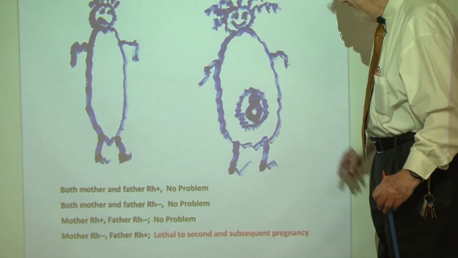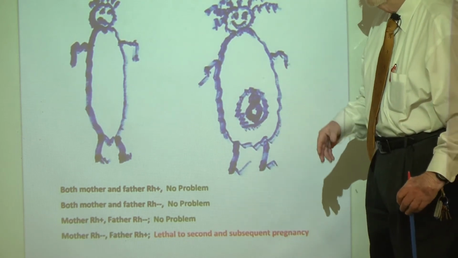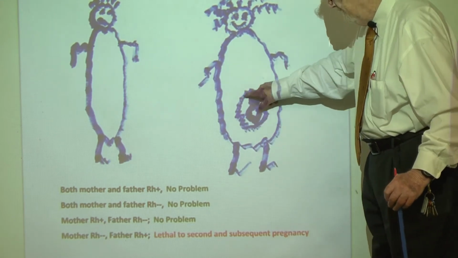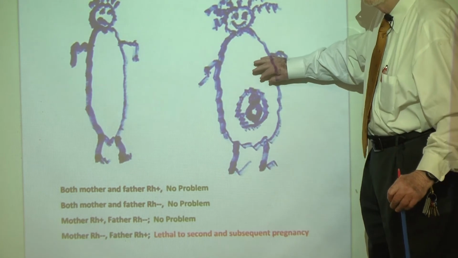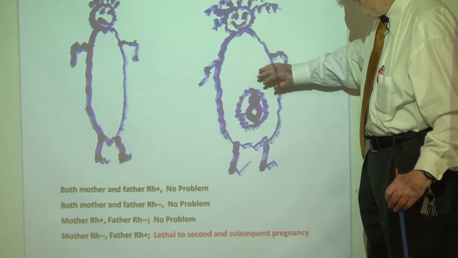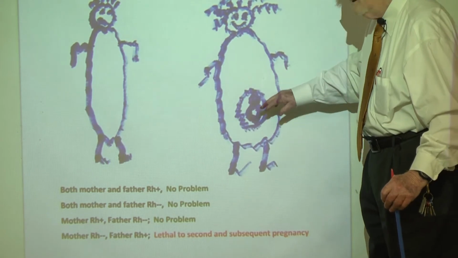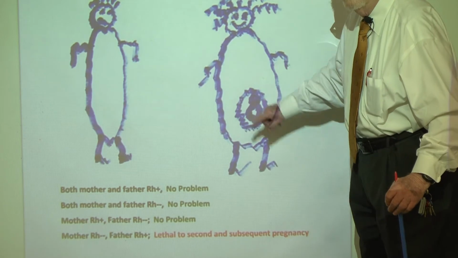And so, usually during the first pregnancy, if she has multiple pregnancies, the placenta acts as a barrier to prevent her antibody-producing cells from attacking the fetal blood tissue down here, the positive blood tissue. Most of the time, the placenta protects Molly Fred until Molly Fred is born.